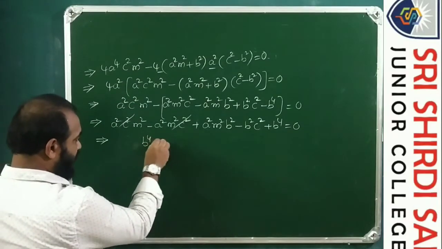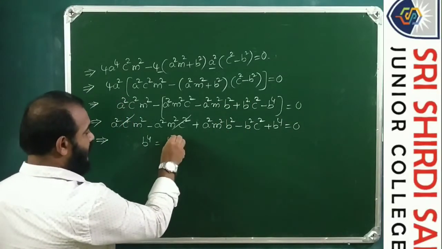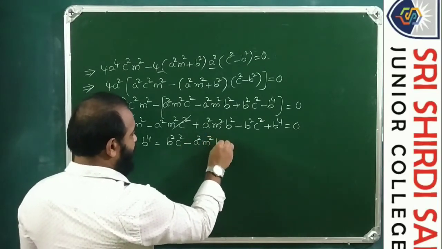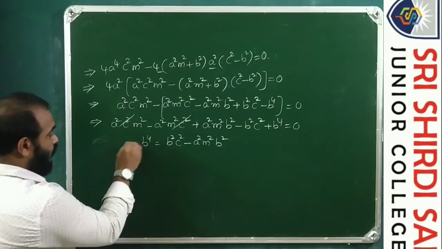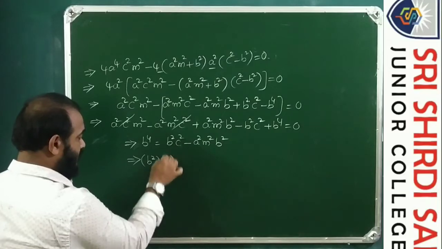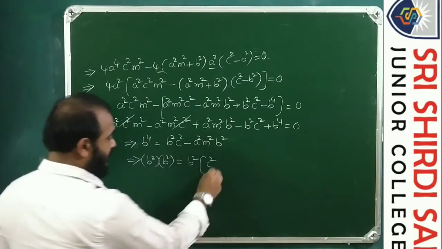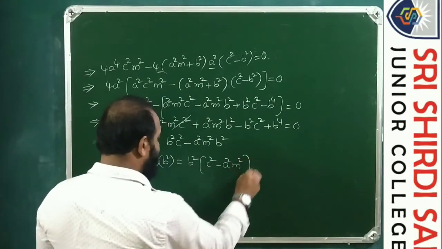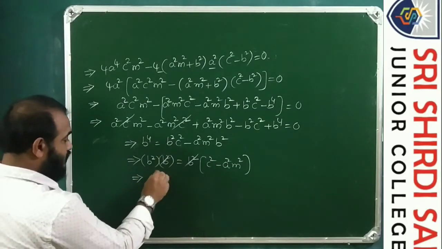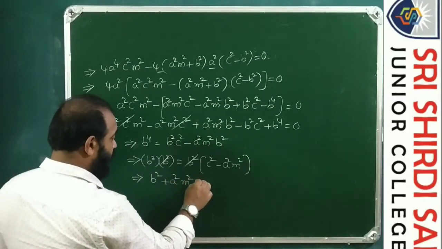If you transpose onto the other side, b power 4 is equal to b square c square minus a square m square b square. So b square into b square equals b square into c square minus a square m square, taking b square common. The b square gets cancelled, so b square minus a square m square, transposed to the other side, gives c square equals a square m square plus b square.